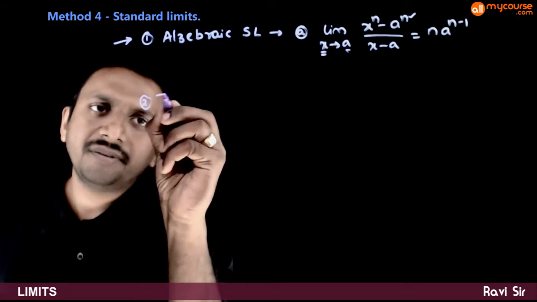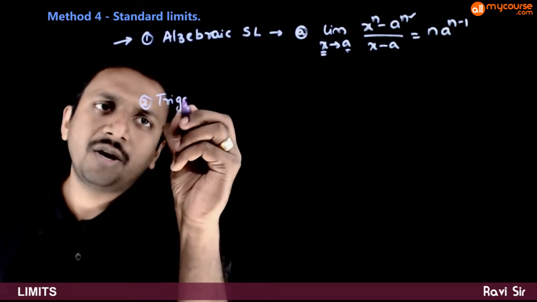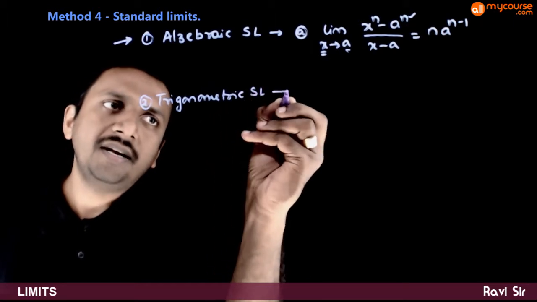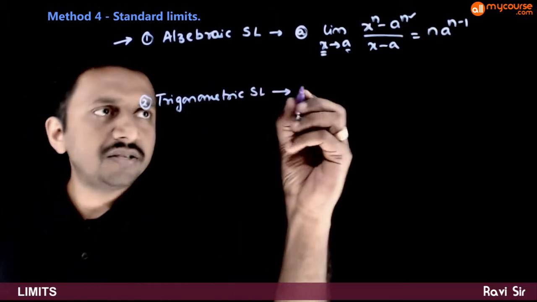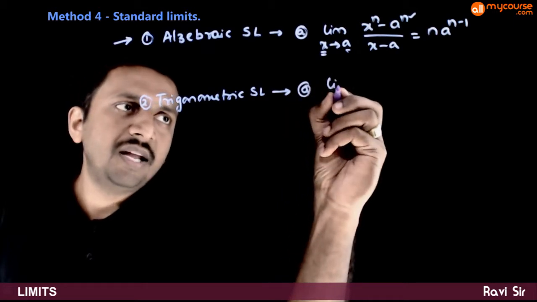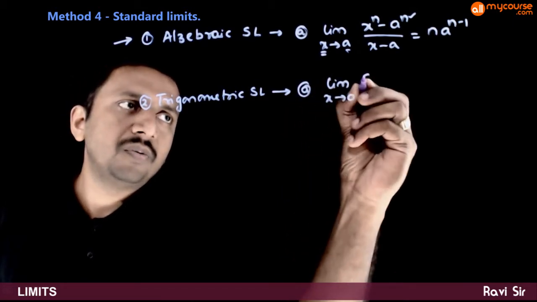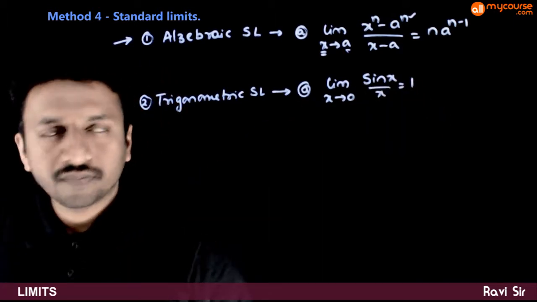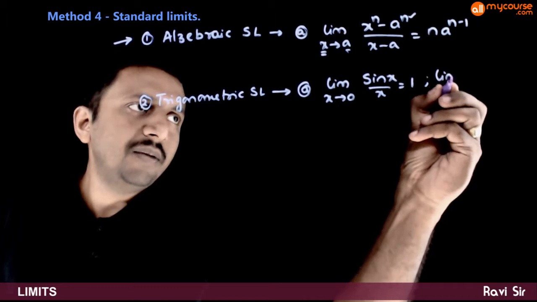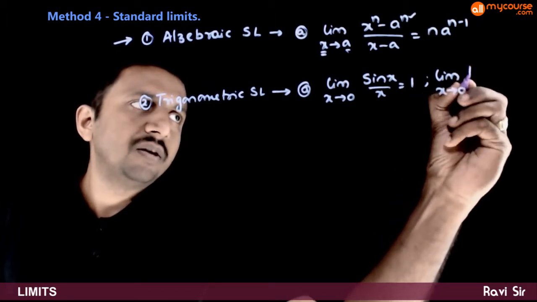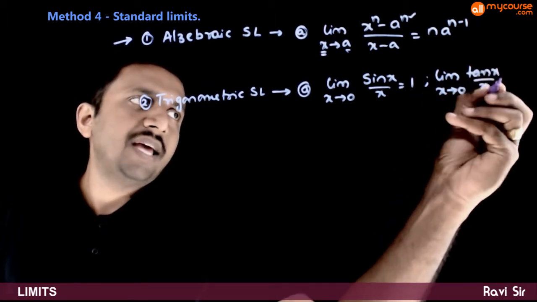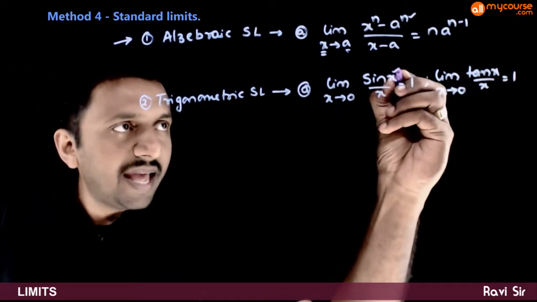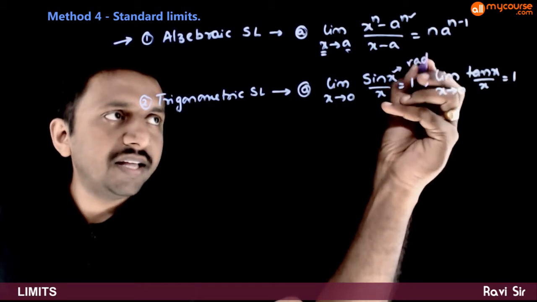Next, you have standard trigonometric limits. In this you have the formulas limit x tends to 0 sin x by x is equal to 1, and limit x tends to 0 tan x by x is also equal to 1, where x is in radians.